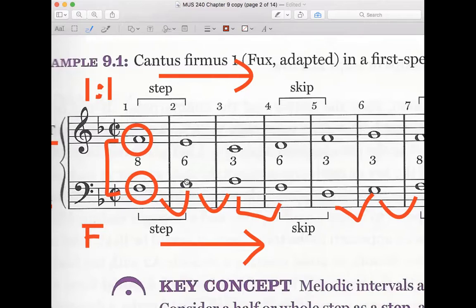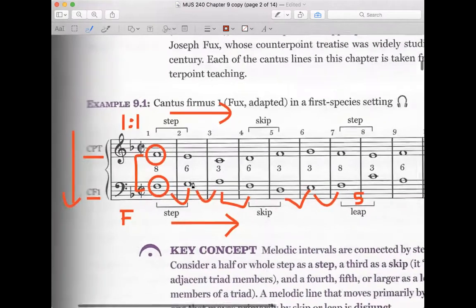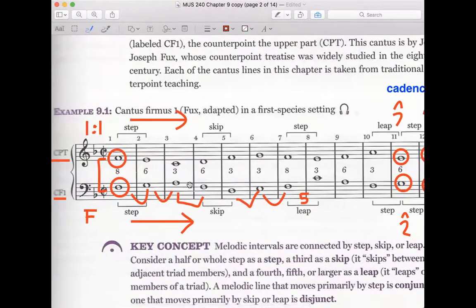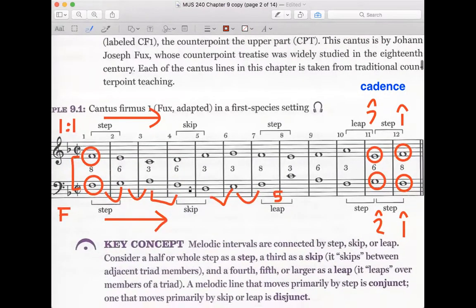So make sure you do this homework at the keyboard. It really helps to visualize the space between the notes. Okay, now what do you notice about these intervals? We have an octave, sixth, third, octave, third, sixth, octave. Wow, I feel like I'm repeating myself quite a lot.